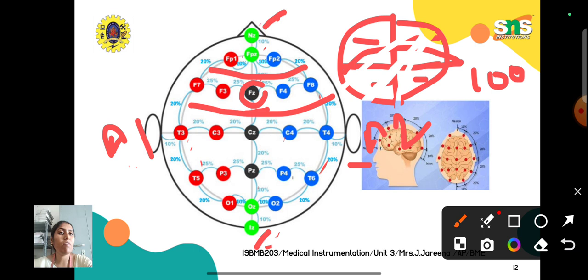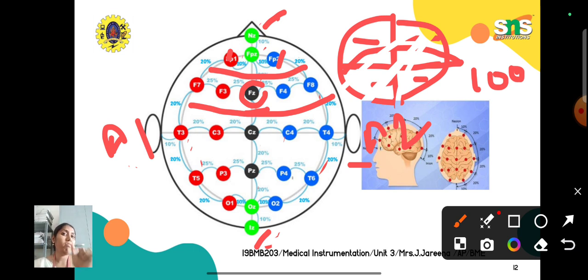The reason you have not used 1 and 2 is that the numbers 1 and 2 are already used for FP. Anything under the frontal part, prefrontal or frontal, is covered. Since 1 and 2 were given in prefrontal, here we start with 3 and 4, and then 7 and 8.